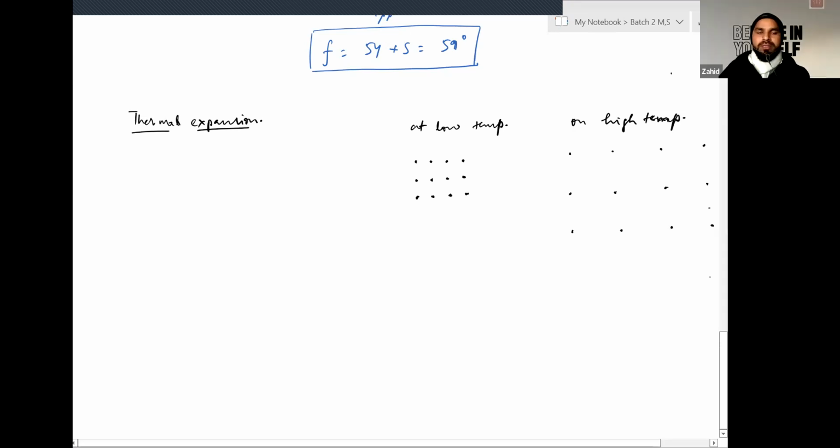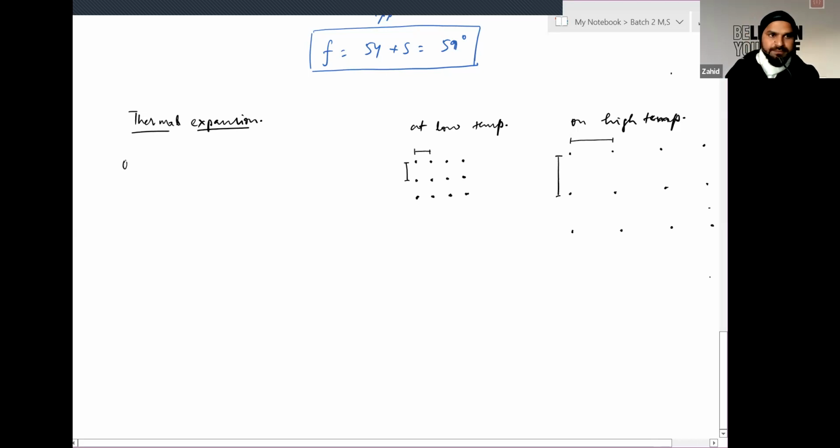I'll just consider a particular solid. At low temperature, initially, particles are arranged like this, in which the separation between them is small along its length and along its breadth. But on increasing temperature, the particles get enough energy, so their kinetic energy increases, which increases the separation between them. Hence, they expand.